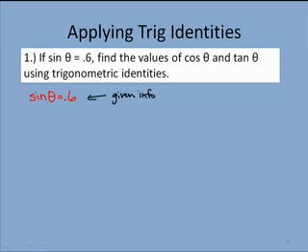And look at the trig identities you just wrote down and see if you can find the trig identity that relates sine and cosine. If you found this one, you were right. So this is our trig identity.